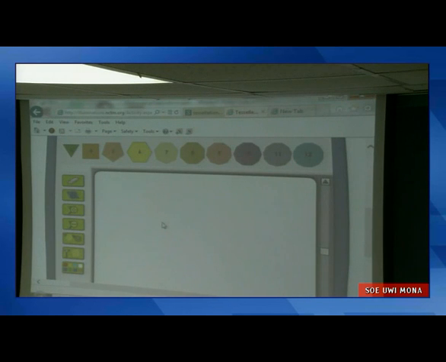NCTM has an interactive software that is available to you online that you could actually try using instead of drawing.